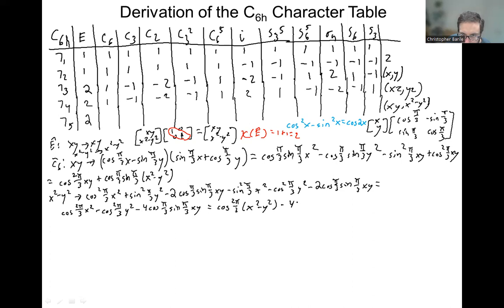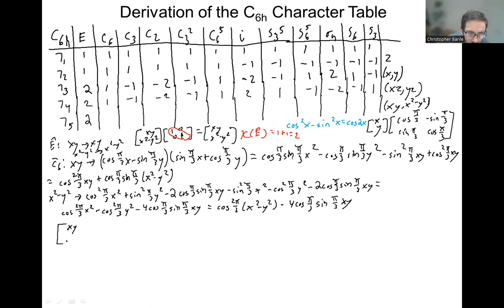And this other component is already in terms of xy. So again, what's so beautiful about this is that we have shown that x squared minus y squared transforms as a linear combination, some constant times x squared minus y squared and xy, just as xy did, right? We had something times xy and something times x squared minus y squared. So then we can write the matrix for this transformation, right?